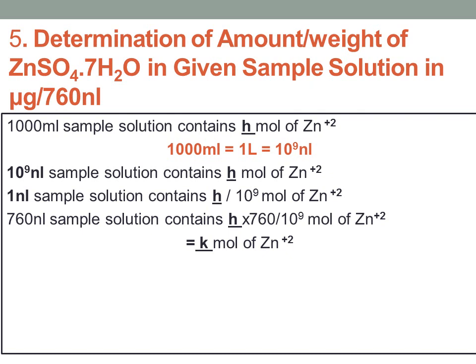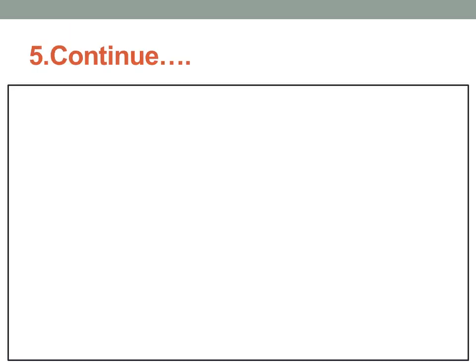From 1000 ml we have found out, starting from the 1000 ml sample solution, the mole of zinc plus 2 in 760 nanoliter. Let's see how we can find out the moles of salt by applying the relation that 1 mole of zinc plus 2 has been produced by 1 mole of zinc sulfate heptahydrate. 1 mole of zinc plus 2 is equal to 1 mole of zinc sulfate heptahydrate.